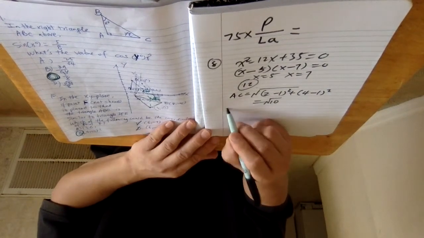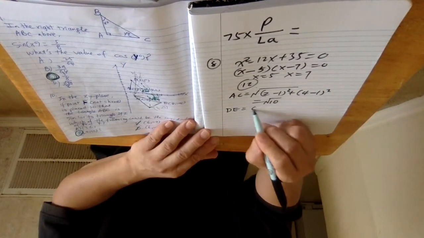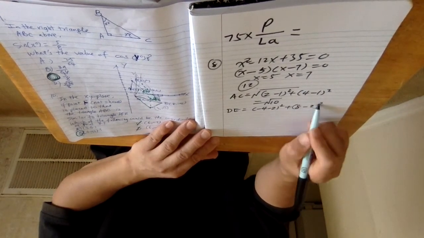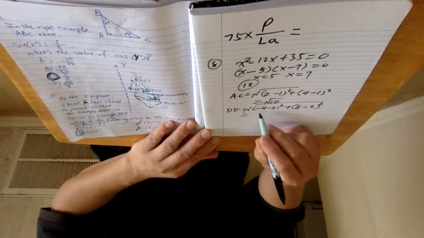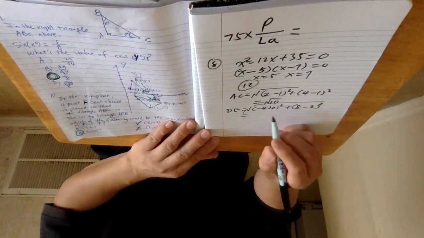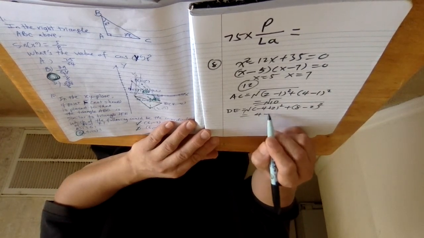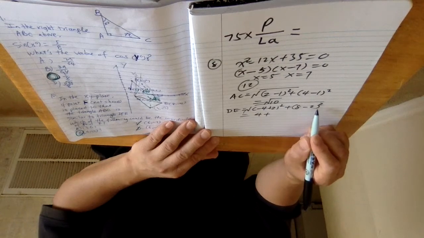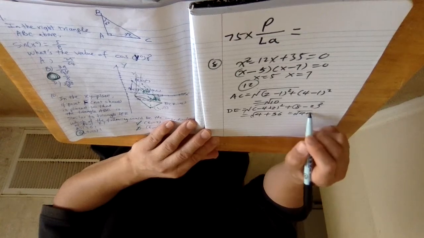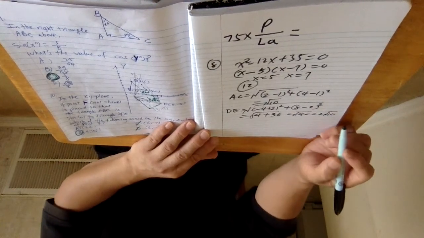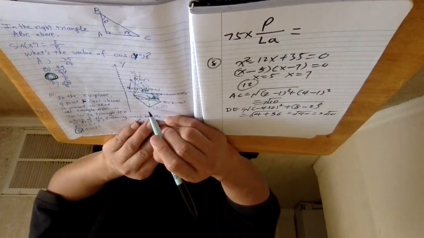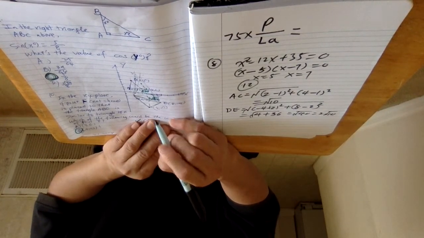And for DE, the square root of (negative 4 minus 2) squared plus (8 minus 2) squared, which is 36 plus 36 equals square root of 72. So we know the distance of the second triangle DEF is twice as big as ABC.